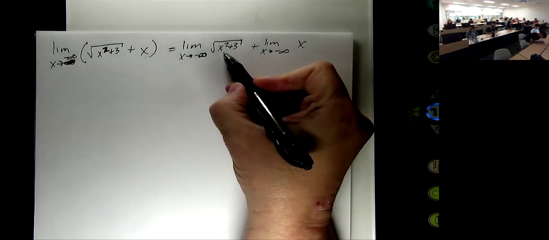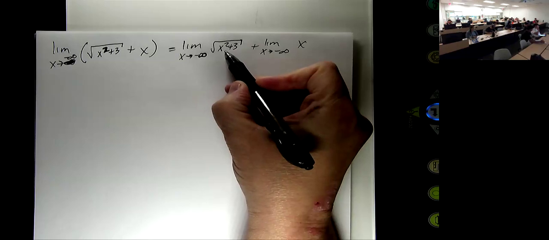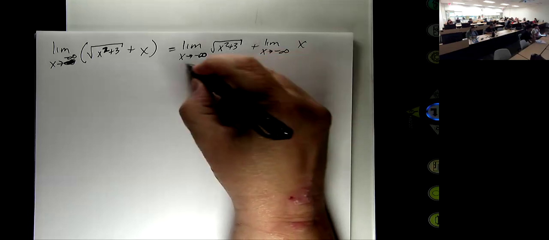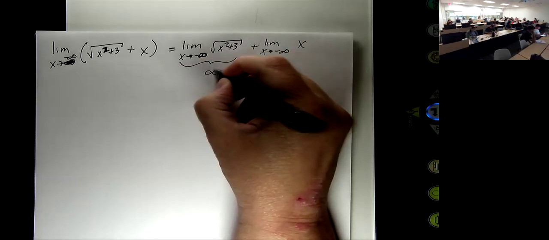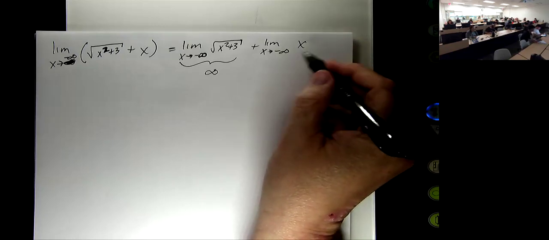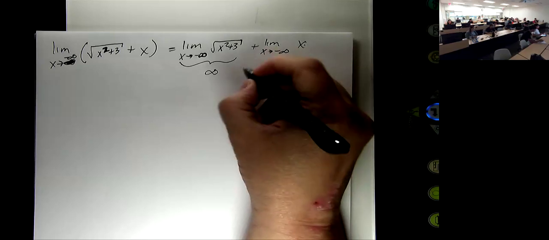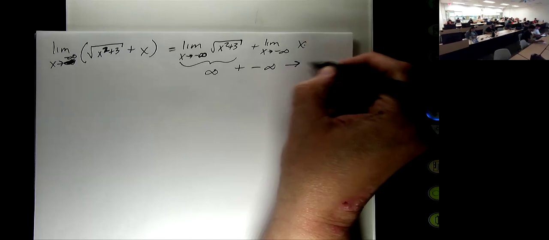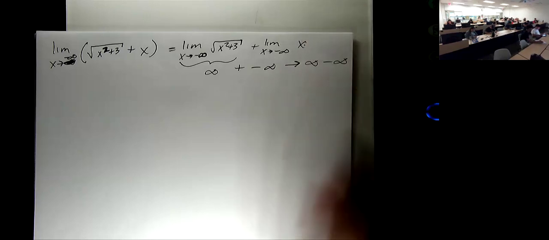If I stick in negative infinity to the first one, it gets squared and becomes positive infinity, like positive infinity squared, and then I take the square root, this whole thing is like infinity. If I stick in negative infinity, this is plus negative infinity. So I have an infinity minus infinity situation.